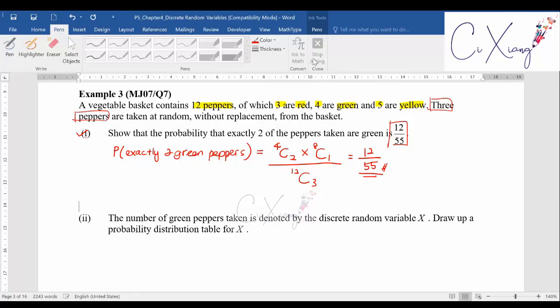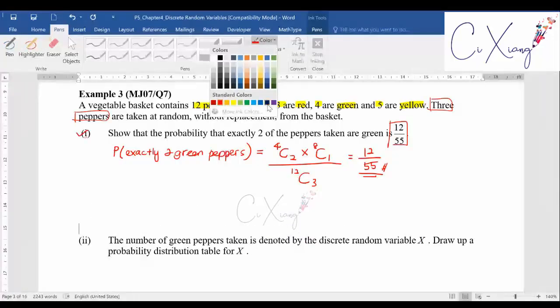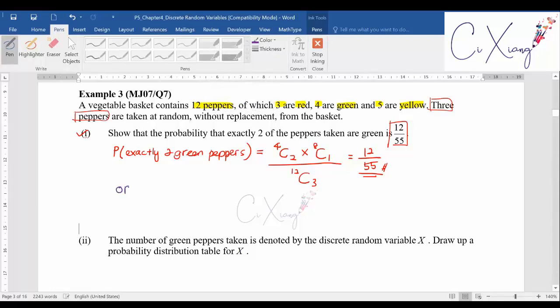Just like I told you, there is another method. This one is combination, and another method is something like this, to find the 2 green peppers. Some students will say that 2 green peppers means the first one I get is a green.